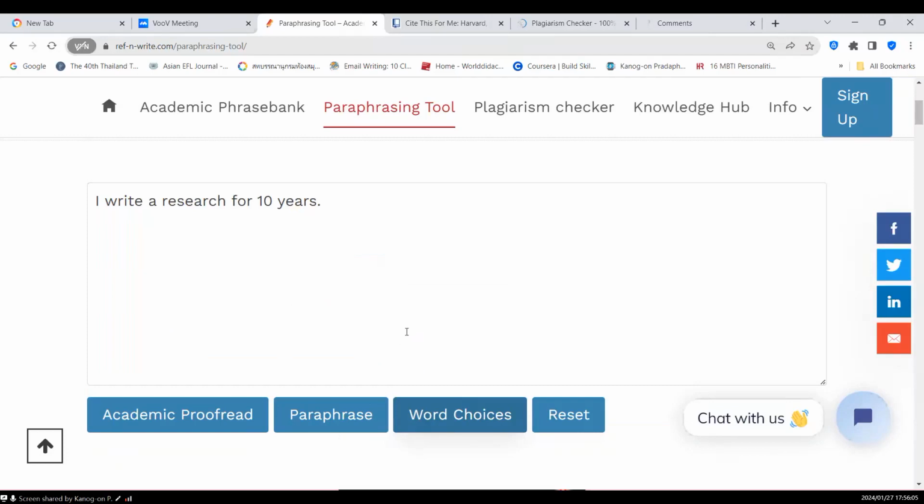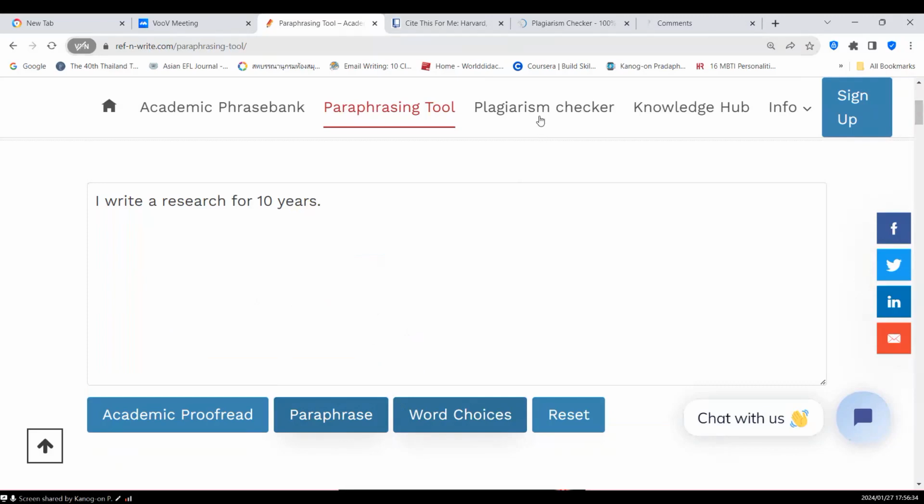To summarize, I want to use my own words, but I don't know what to think about it. So I just drop it here and click word choice, and I can change some terms. Or maybe sometimes I click paraphrase, so that the paragraph changes and gives me other options.